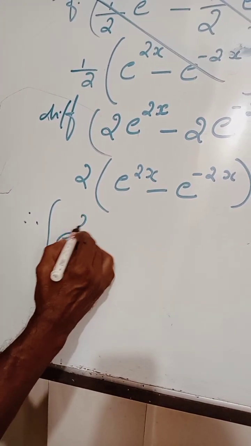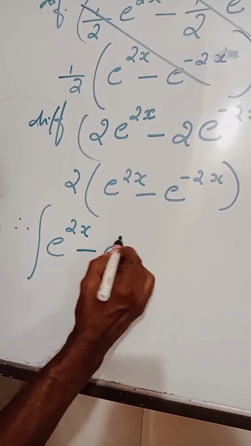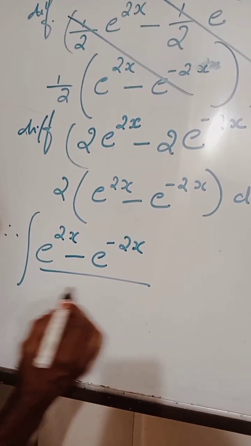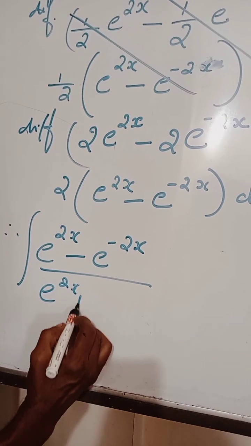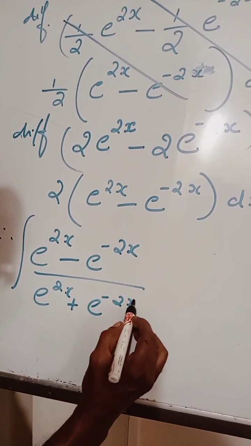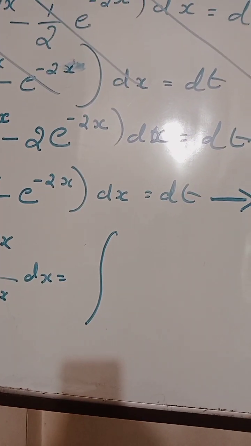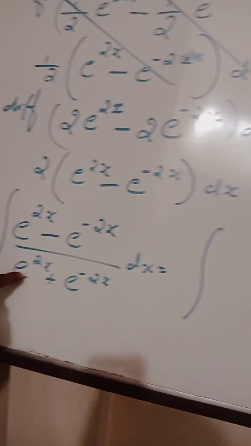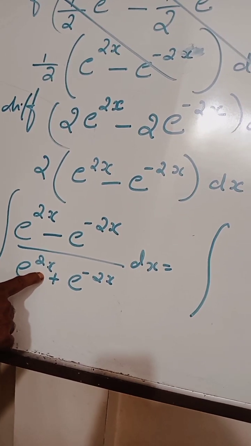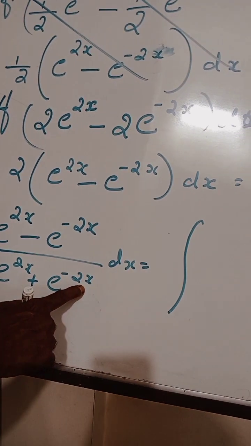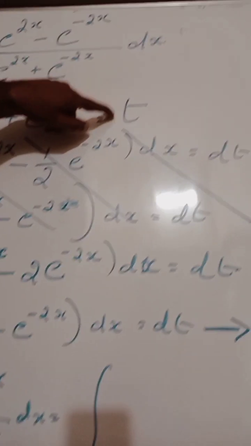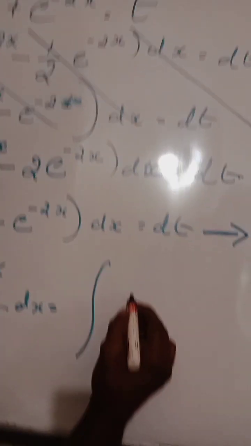Therefore, integration of e raised to 2x minus e raised to minus 2x divided by e raised to 2x plus e raised to minus 2x dx is equal to integration of, we know e raised to 2x plus e raised to minus 2x we substitute as t.